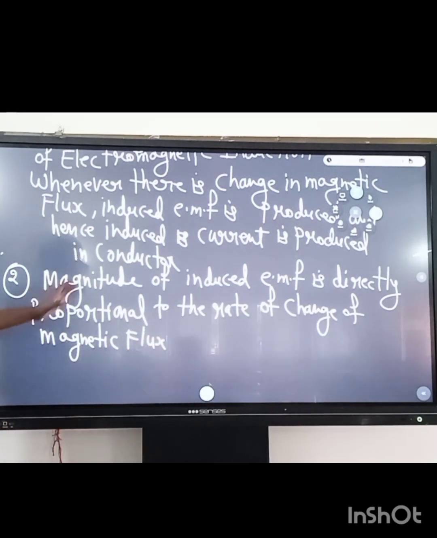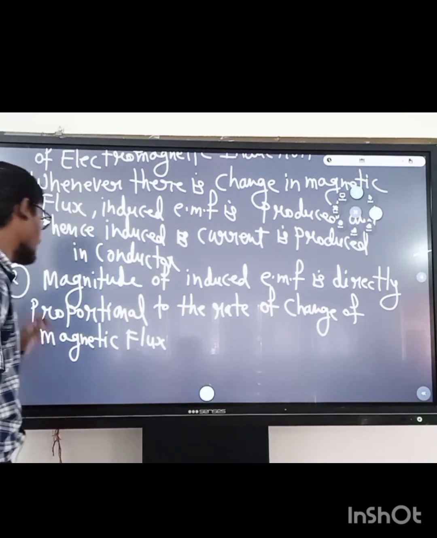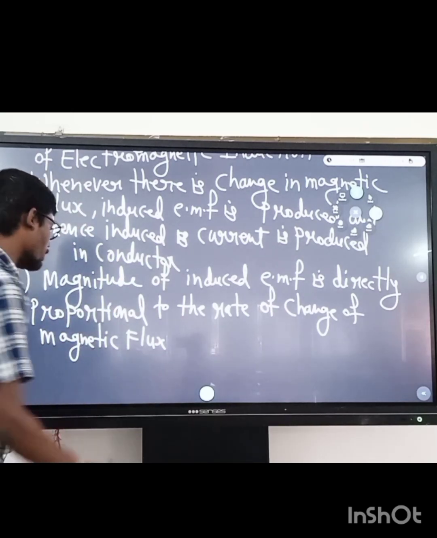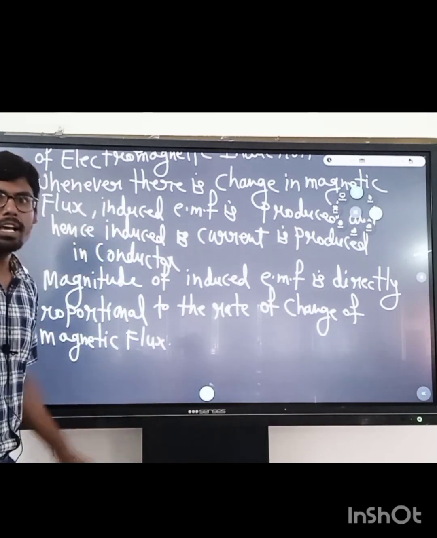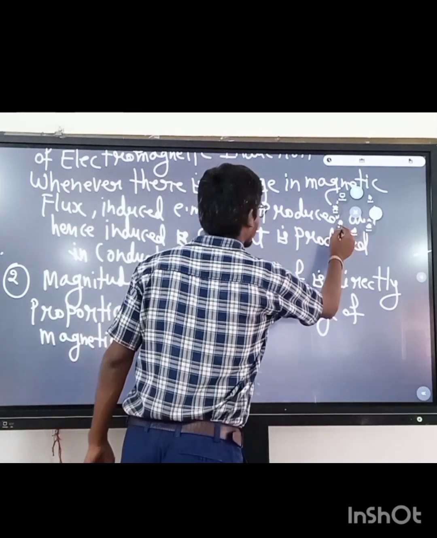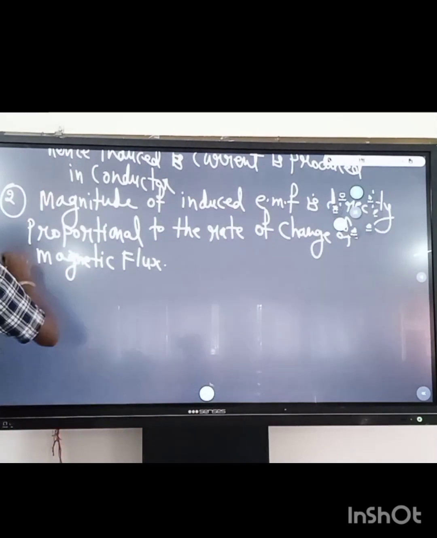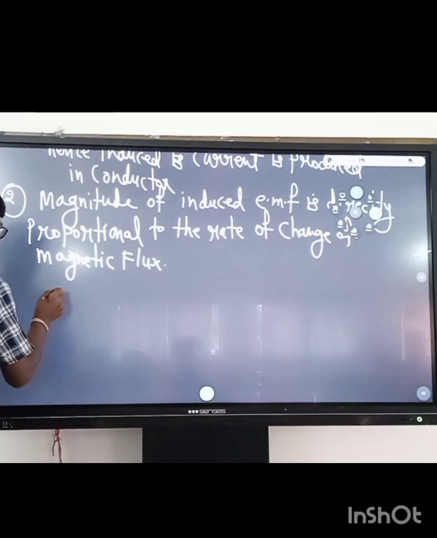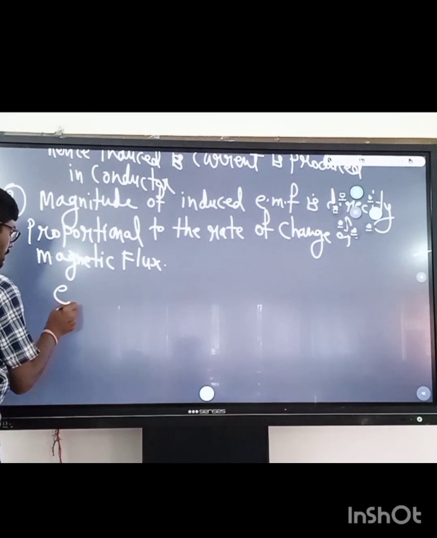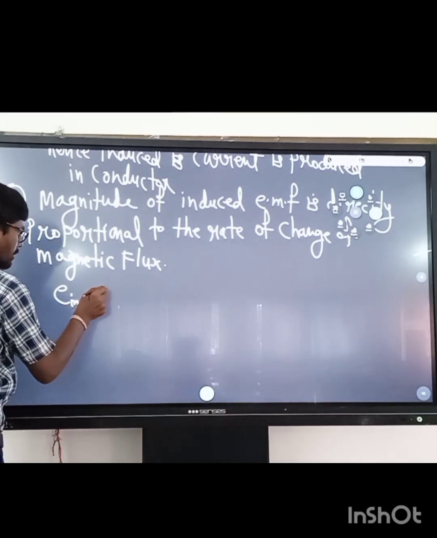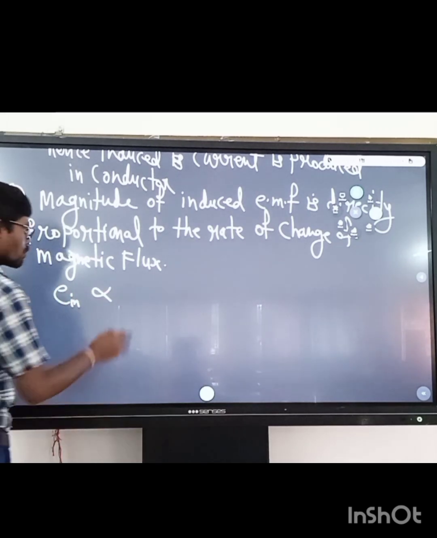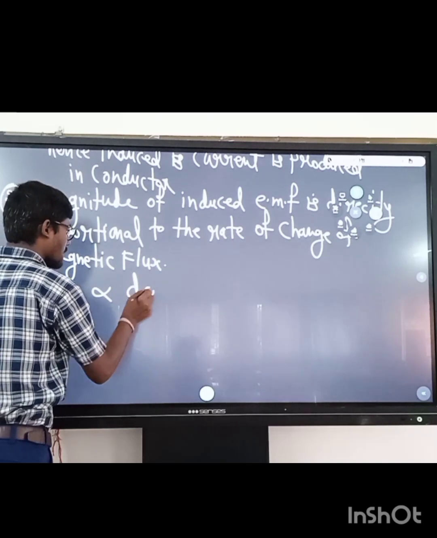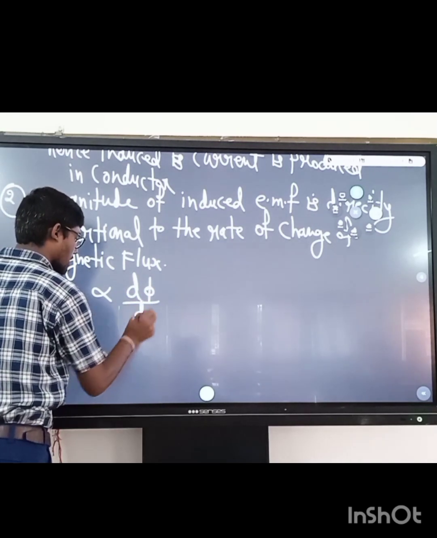Mathematically, how can we write it? The magnitude of induced EMF is directly proportional to the rate of change of magnetic flux.